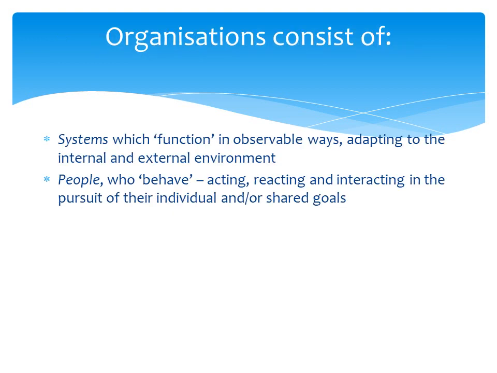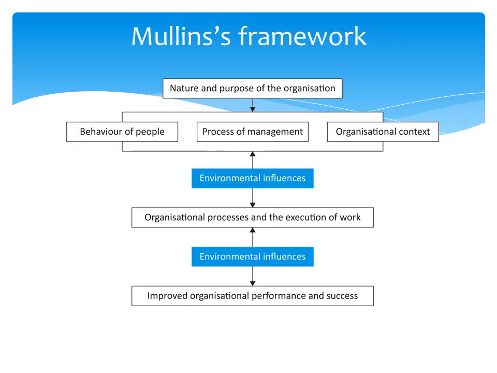What are organisations? Systems, people. And they have to work together, so there's this interaction. People are part of systems, and systems need to work with other systems. Mullins from the textbook gives us this framework for understanding organisations.